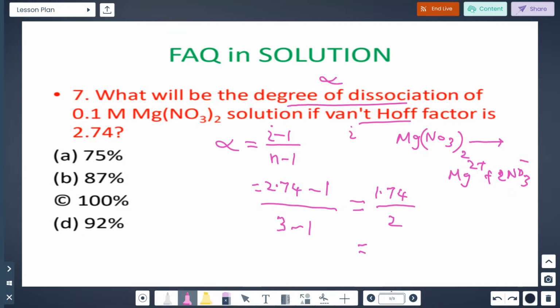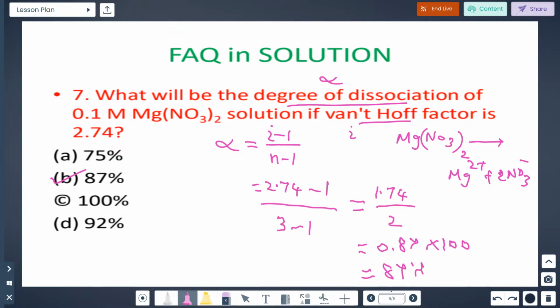It will be 0.87. You following? They are asking to find out the percentage. Then only if you multiply by 100, we get the answer. So it is 87%. Are you following? So among these 4, which is the answer? B is the correct answer.